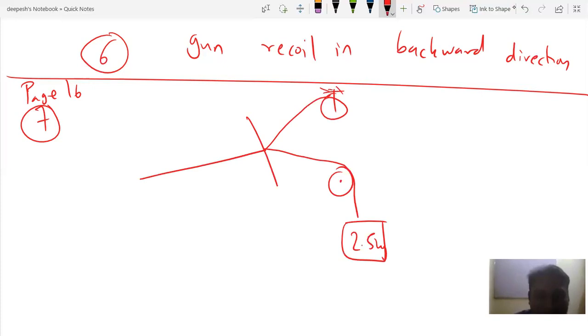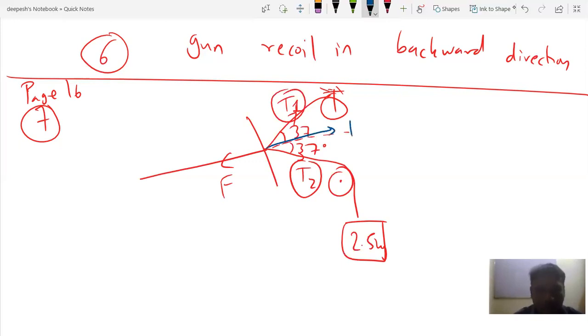Now, these angles here are given to us as 37 degrees each. Let us consider the tension in the upper string as T1, the tension in the lower string as T2, and the force as F. So let us see how we do the force balance. First of all, let us resolve the tension. Why are tensions T1 and T2 different in value? Because the strings are different. So let us resolve T1.